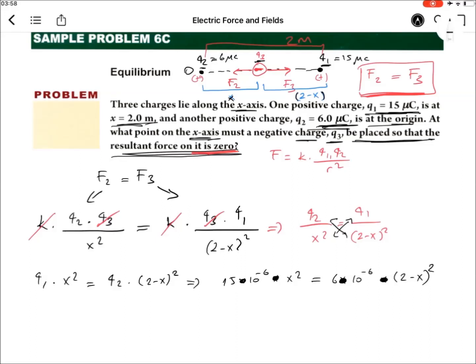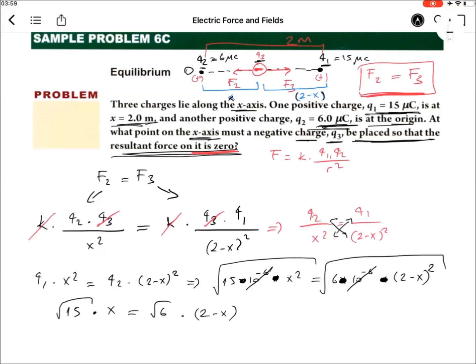On both sides of the equation there is a 10 to the negative 6. When we take the root of both sides, on the left side we have root 15 multiplied by x, equal to root 6 times (2 minus x). If we expand the right side, it will be 2 root 6 minus x root 6.